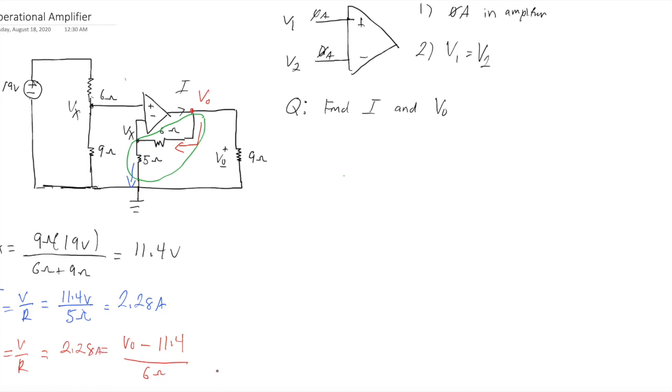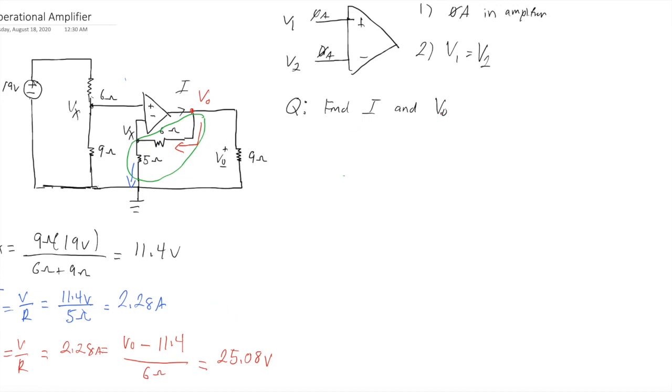Once we simplify this, we find the output voltage is going to be equal to 25.08 volts. Simple as that, and now we have that voltage. We have V out. We completed that.